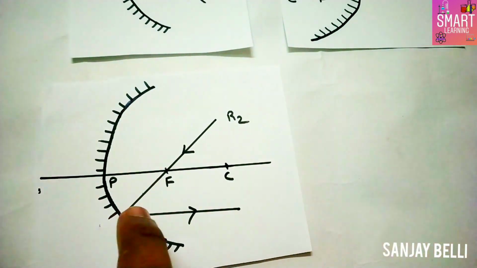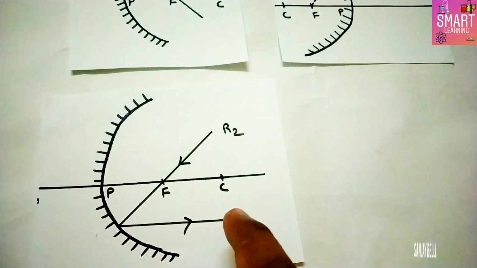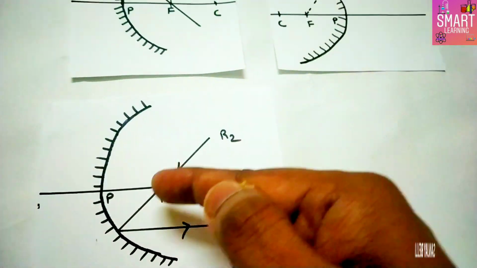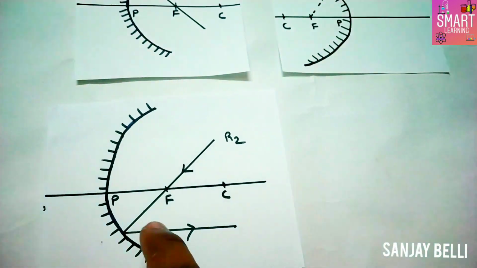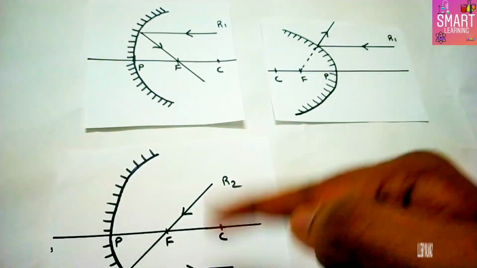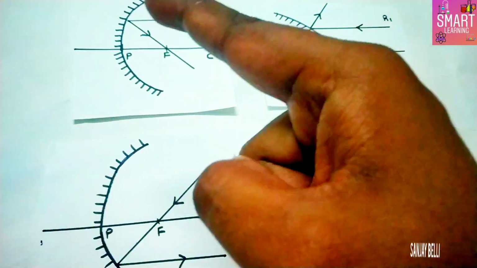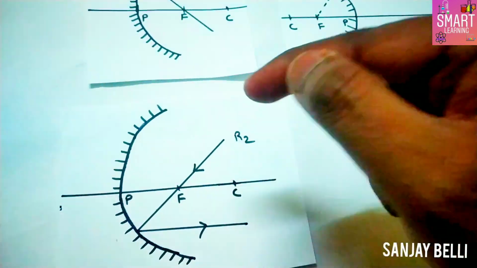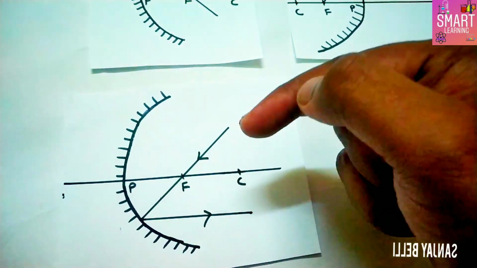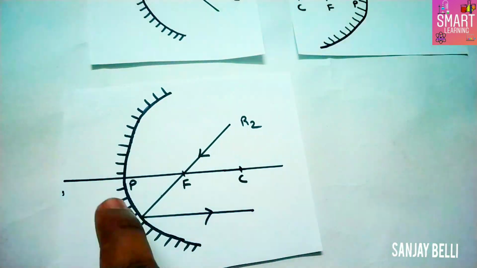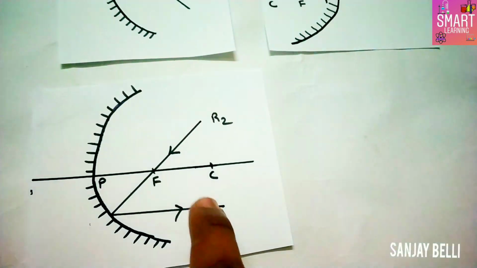Then the reflected ray will be parallel to the principal axis. Quite opposite. In this case, the incident ray passes through the focal point, and the reflected ray is parallel to the principal axis.